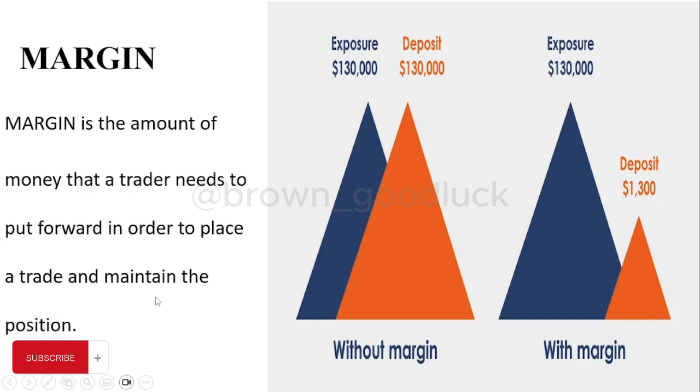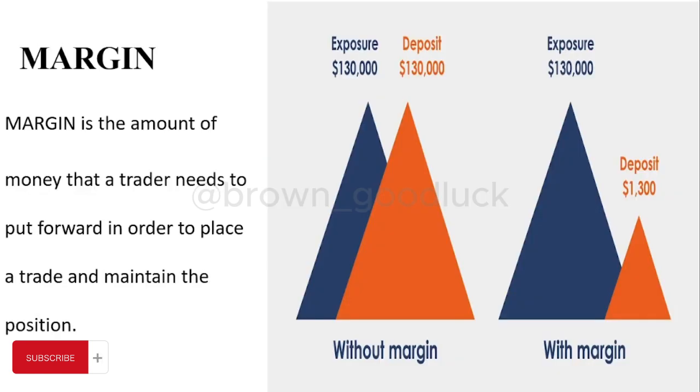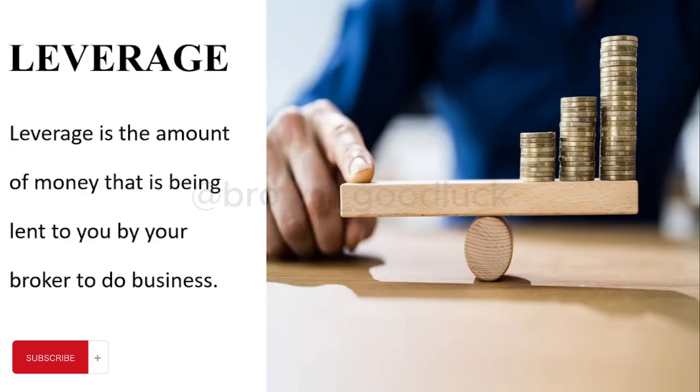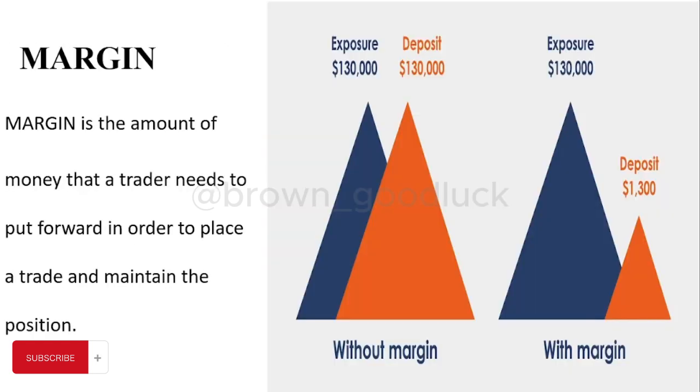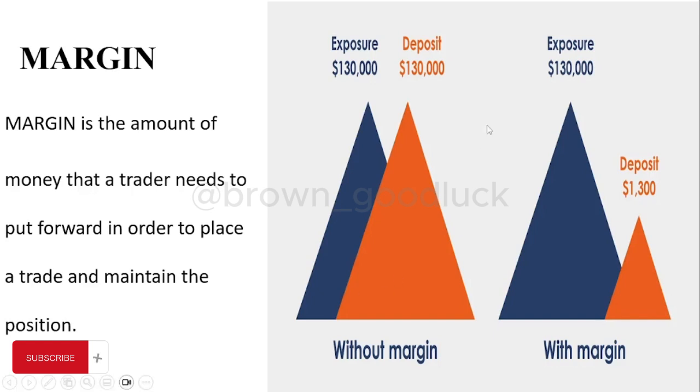So you deposited $1,300 and your broker is giving you leverage to trade the market. With your $1,300, whatever this guy can do in the market, you also can do. That is what we mean by leverage and margin. I will show you all of this on the practical side.